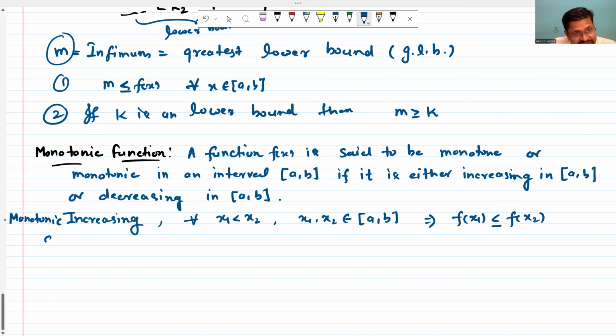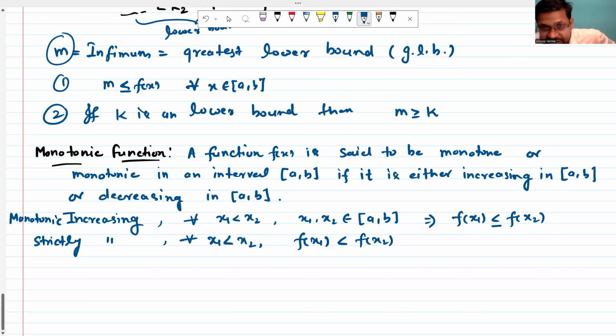Similarly, we say strictly increasing if for all x1 is less than x2, f of x1 is less than f of x2, it means strictly less than.